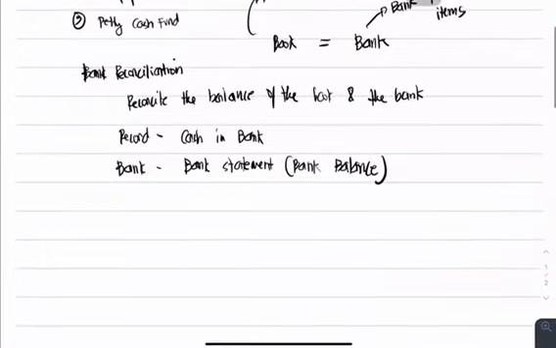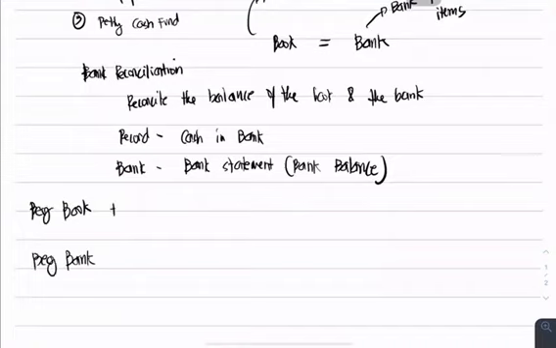So we have here your book and your bank. We have your beginning book balance, plus the items of receipts, less the items of disbursement, which will give us your ending book balance.